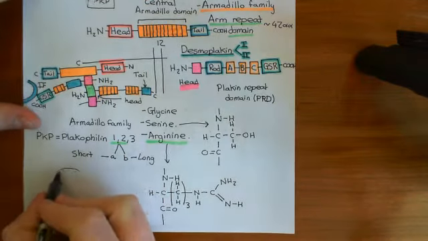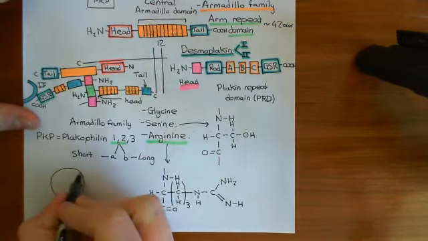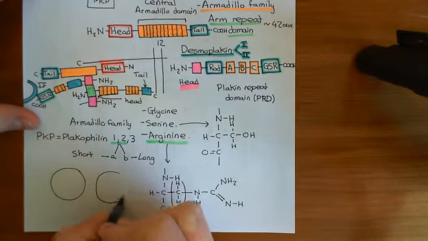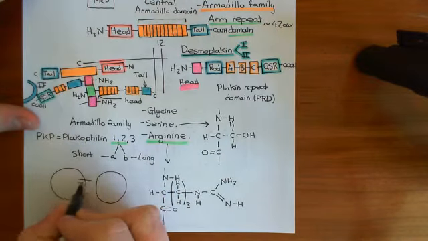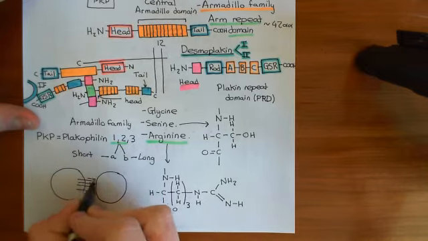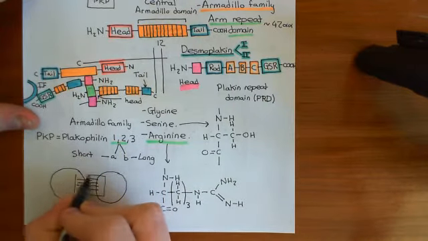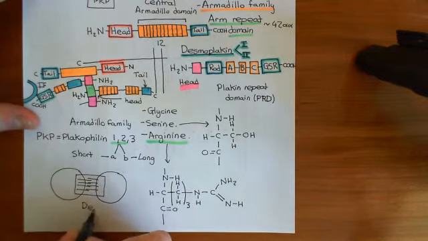And this huge cluster of desmosomal cadherins interacting with desmosomal cadherins on the other cell is known as a desmosome. So the entire thing here is a desmosome.